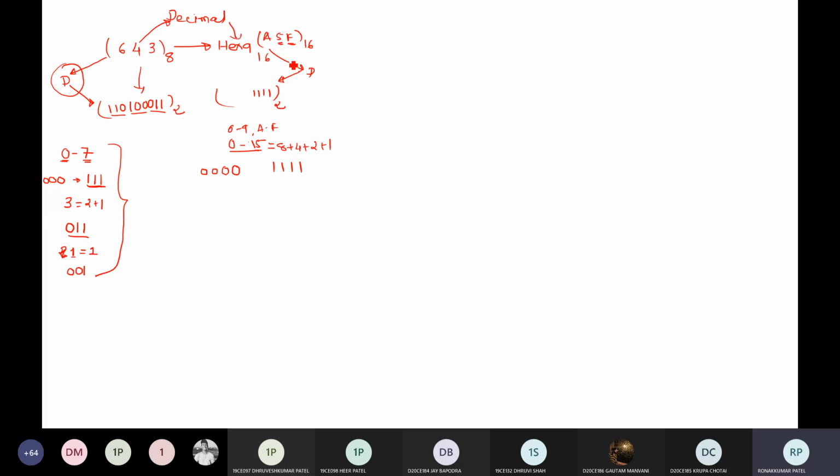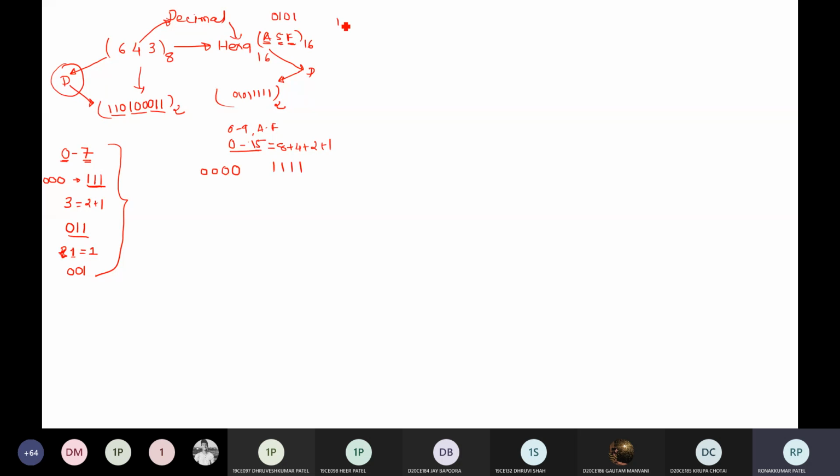Now 5 is 4 2 1, so 4 plus 1, that is 5, right? So 1 0 1, that's 3 bits, so you need to put 0. So that will be 0 1 0 1.